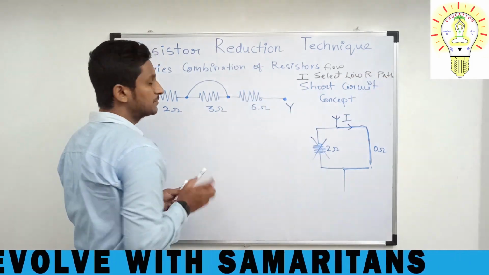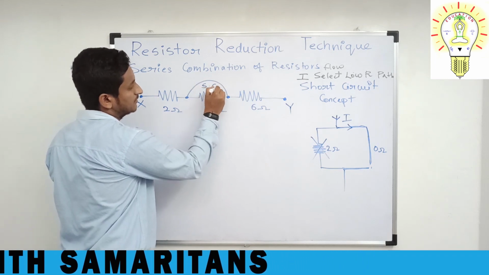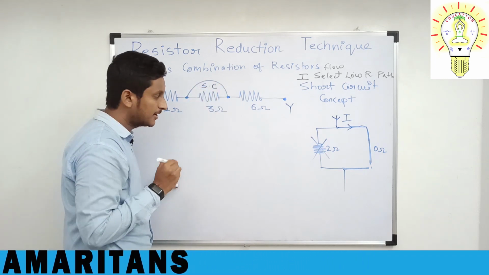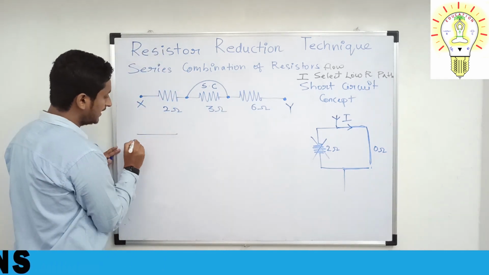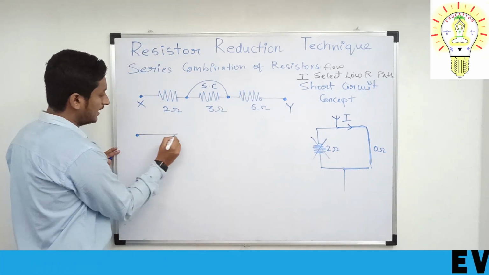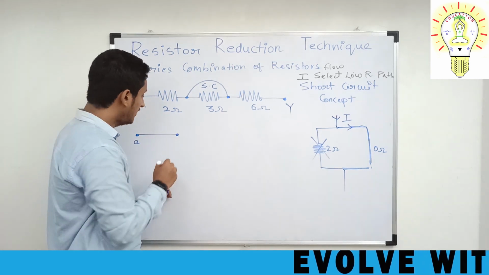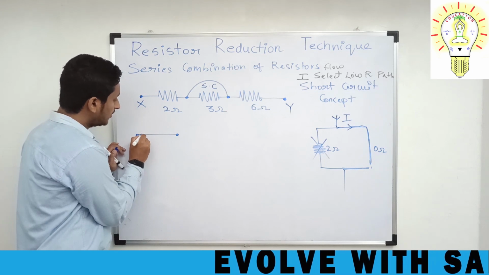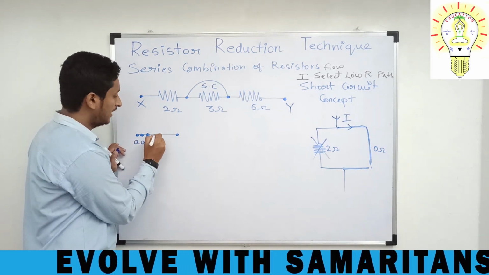Now let us go to this problem. Now I have taken a short circuit here. Alright. What do you mean by short circuit? Now listen to this. If I take a wire like this and I name this wire as A, at this point also the wire name is A, and at this point also, and this point also.